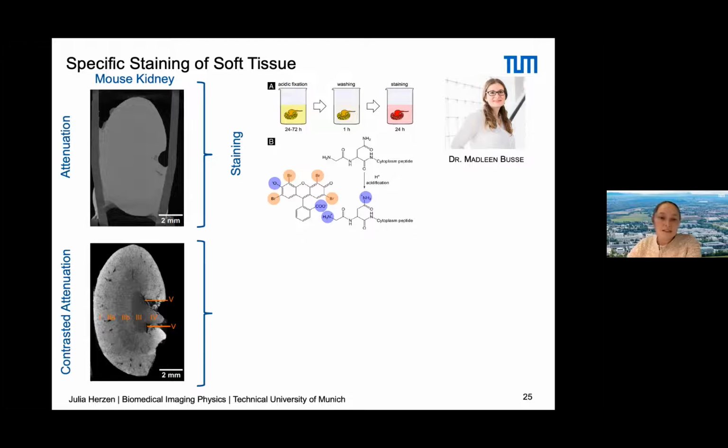Exactly this you can also do with eosin and hematoxylin, but if you take the same procedure as for histology, you will not see any contrast for X-rays, as this is not absorbing highly enough. What Madeleine is doing is she modifies it by putting more high Z material into one molecule, up to 3 bromine atoms more than in the standard eosin procedure, for example.